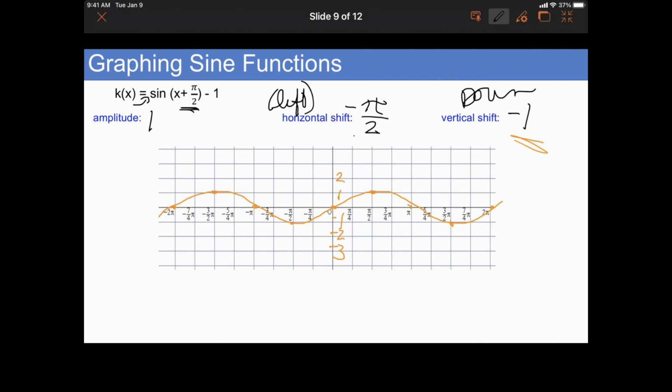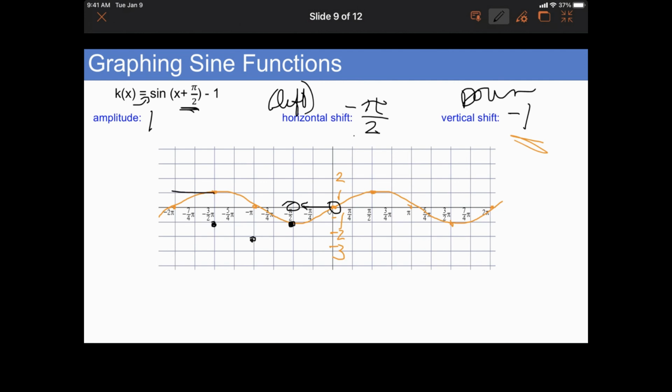So pi/2, if I'm looking over here, here's my 0, here's pi/2. So that's 2 spaces, right? So I'm moving 2 over to the left and down 1. Okay, so 2 over and down 1. So over here, it's 2 over and down 1. This one's 2 over and down 1.